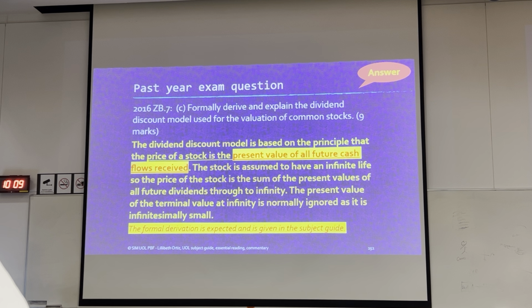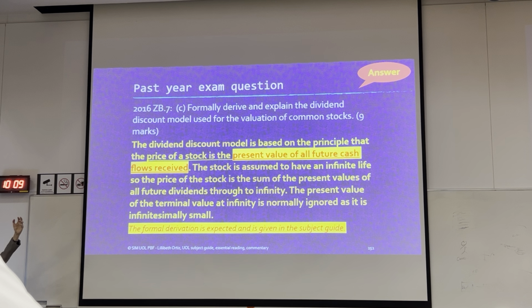But what it's saying is the price at infinity doesn't really matter, because that will be such a small number. If you discount that terminal price, even not infinity, even 100 years from now, whatever that price is will be very, very tiny in present value terms.